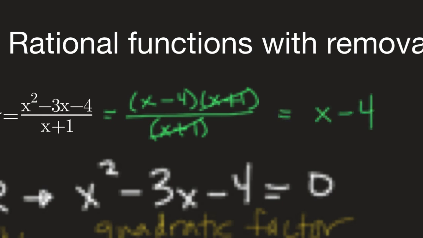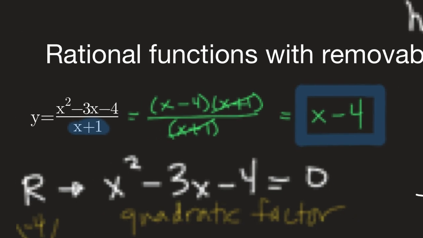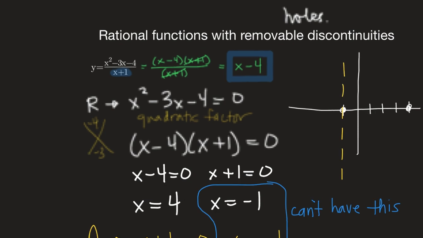So this is what we're going to use from here on out, the equation x minus 4, to answer all of our questions. Because really, that's what we're graphing, with the exception of negative 1. Okay, so remember, we're just graphing x minus 4. That is a linear equation, right, with a slope of 1 that crosses your y-axis at negative 4. So let's keep that in mind here as we go through the rest of our steps.